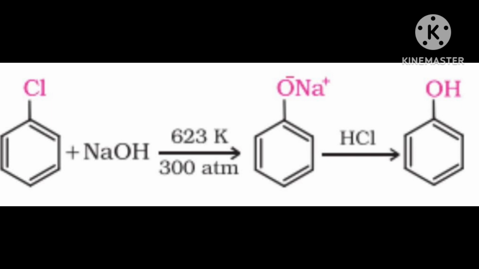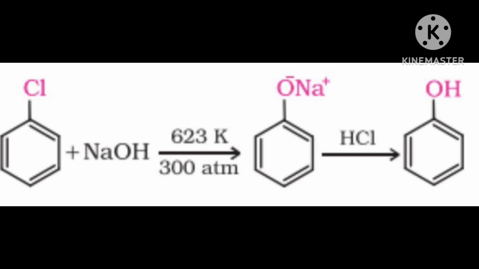Then you will ask how sodium came here. Sodium phenoxide means ONa. ONa joined with benzene is called sodium phenoxide. When benzene joins with O, O will have one negative charge. That's why Na can come there. Then O minus Na plus, that is called sodium phenoxide.